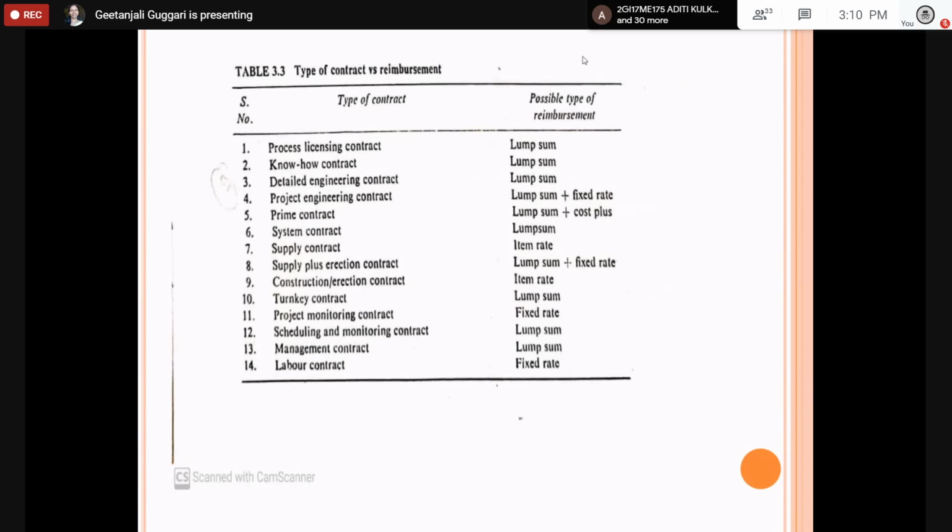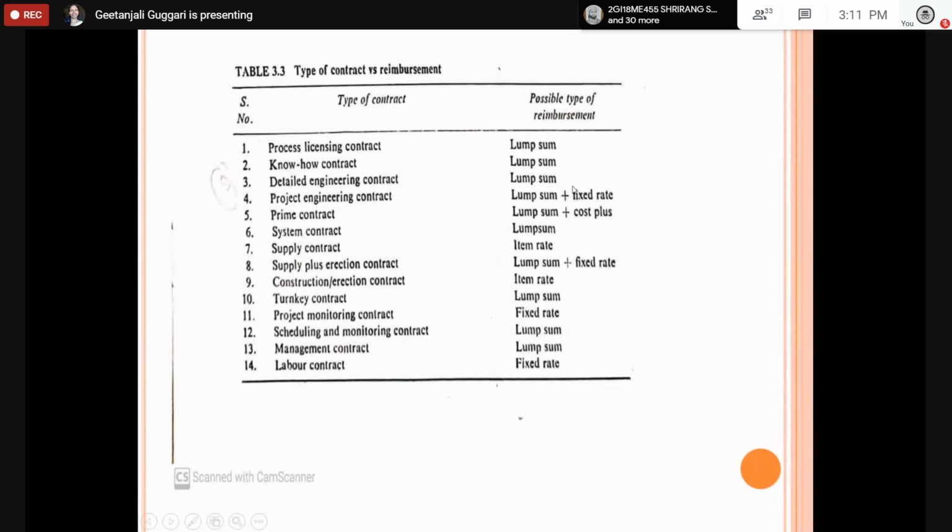So the next one is, you are dividing the work, so you have many contractors. The process licensing contract is given by lump sum. You need to decide how you are reimbursing the money to the different contractors. The contractor with know-how for the technical knowledge, again you are going with a lump sum.